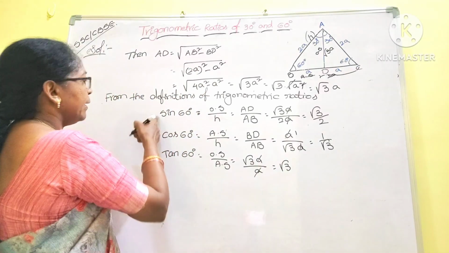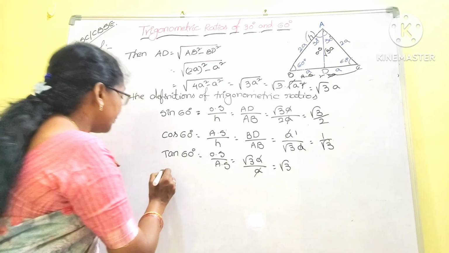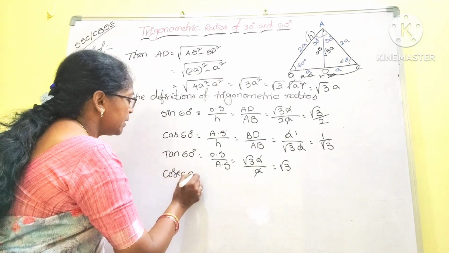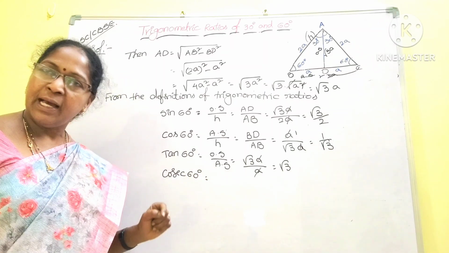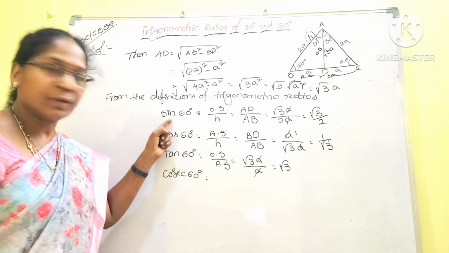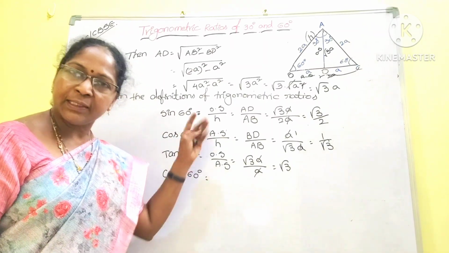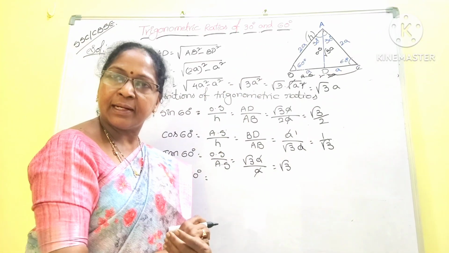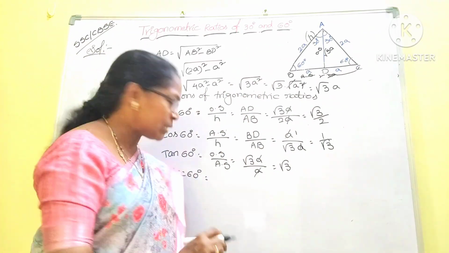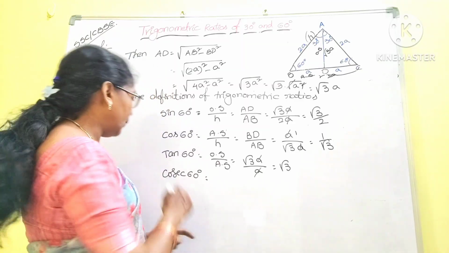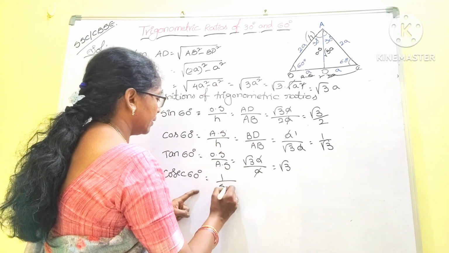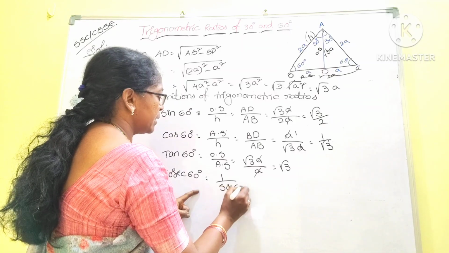Now again the cosecant theta. That means cosecant 60, that is the reciprocal of sine. From this also you can write using the sine, cos and tan. Otherwise, directly from the right angle triangle by using the trigonometric ratios we can find out the value. Cosec 60 equal to 1 by sin 60.